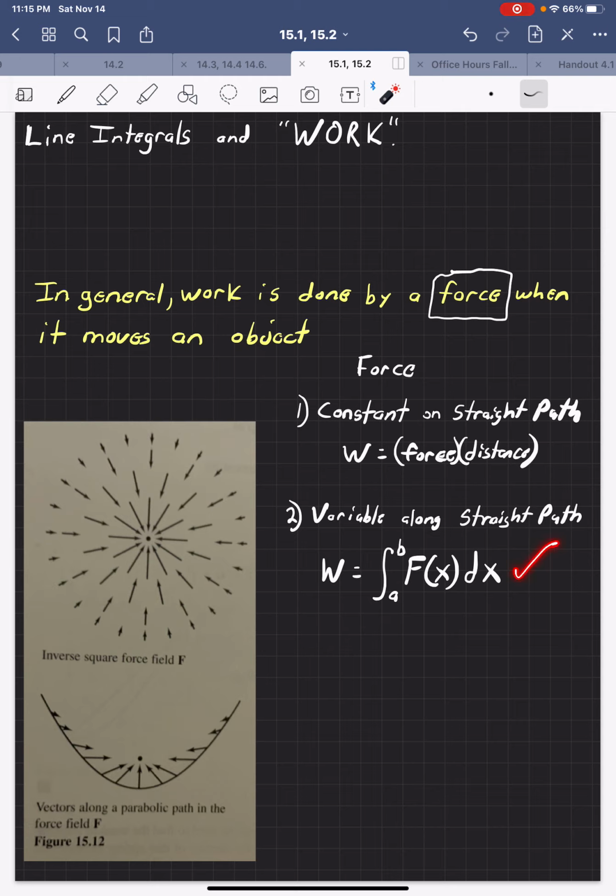So we also found that you can use dot products and projections, right, to calculate work.